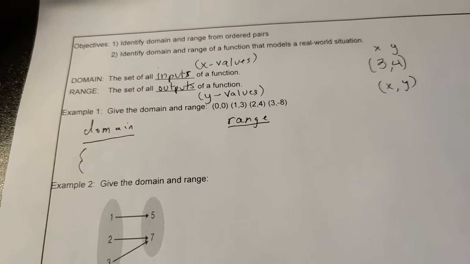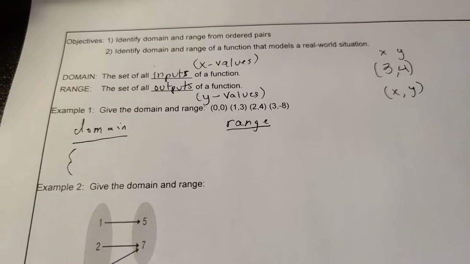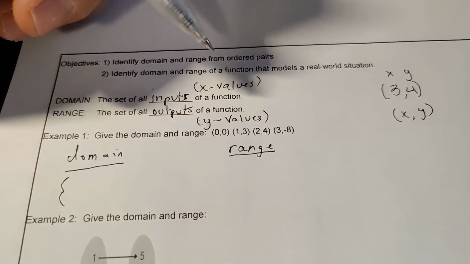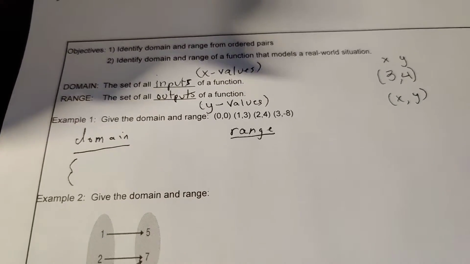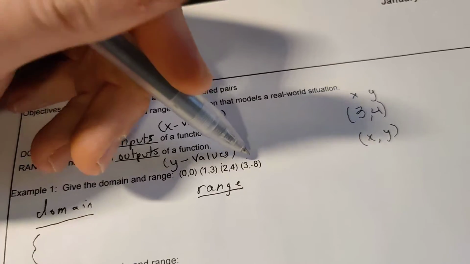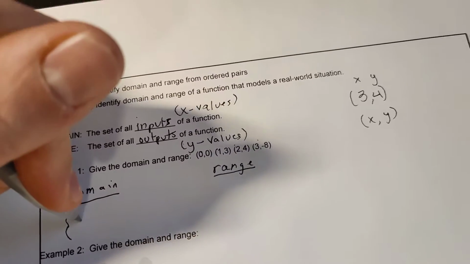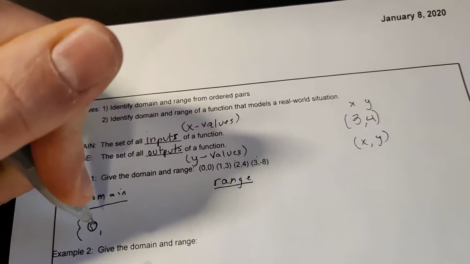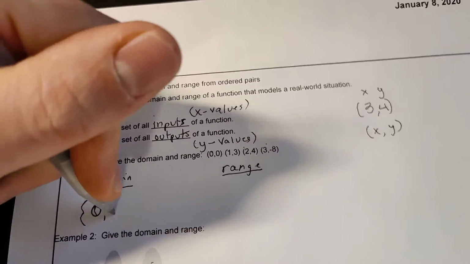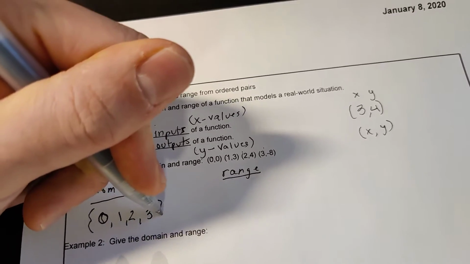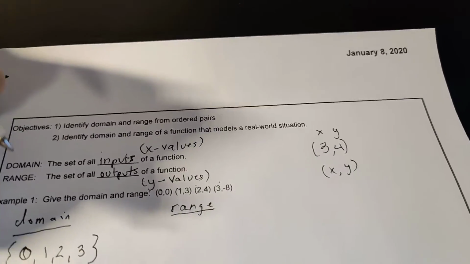So for the domain, again, domain means the inputs or the x values. So what are the possible x values here? Well, the different x values we have are 0, 1, 2, and 3. Okay, so our domain is 0, 1, 2, 3. Okay, and again, we're going to close those brackets.